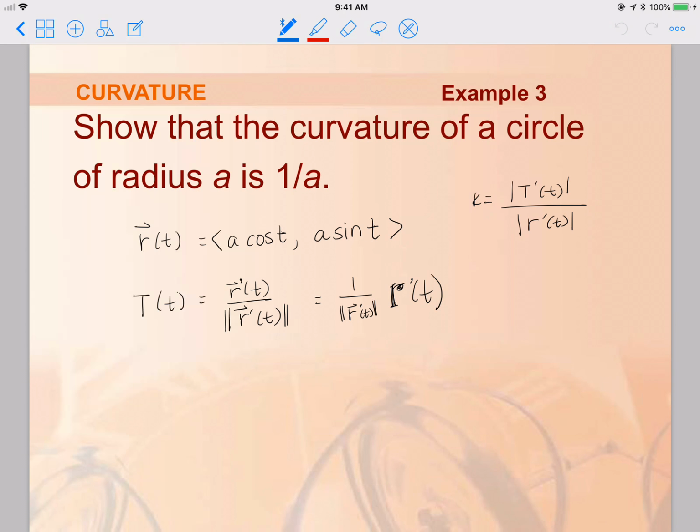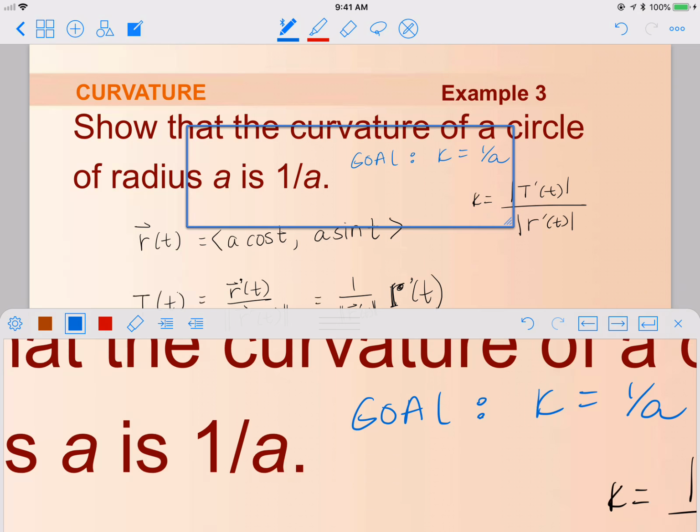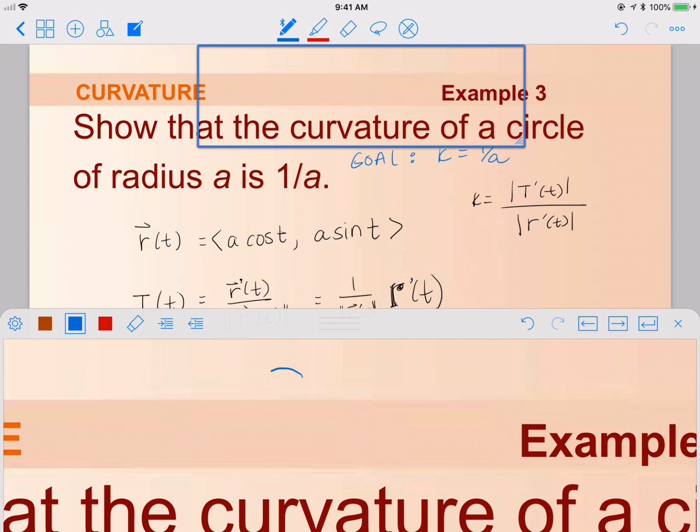All right. So let us put this in practice with an example. We're going to show that the curvature of a circle of radius a is 1 over a. So our goal is to show that kappa is 1 over a. Now, when you think about a circle, if we have a circle, we may as well put the circle centered at the origin, right?